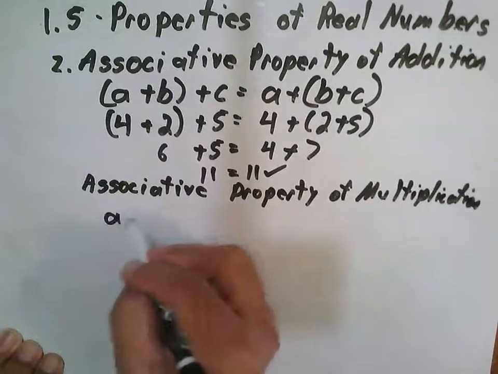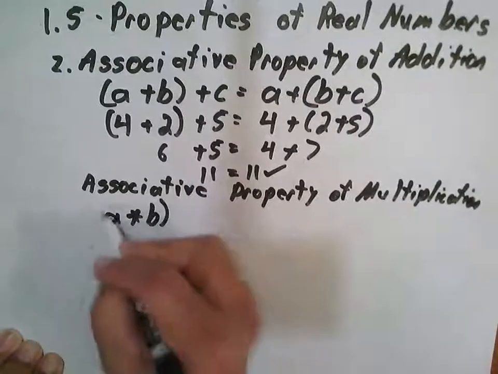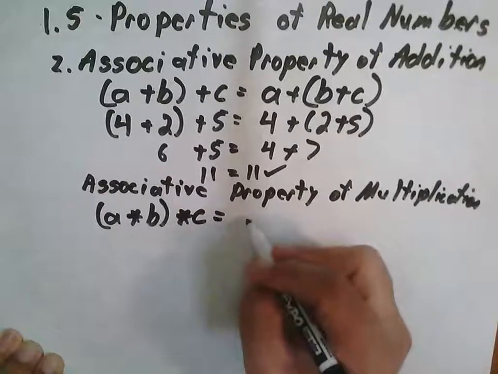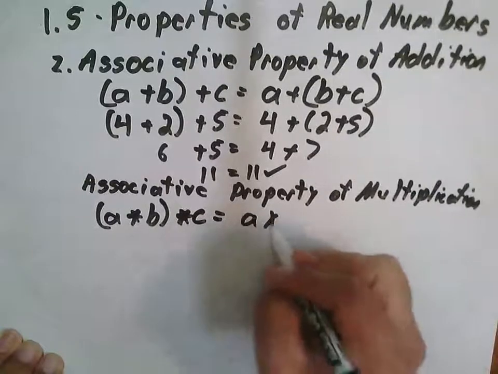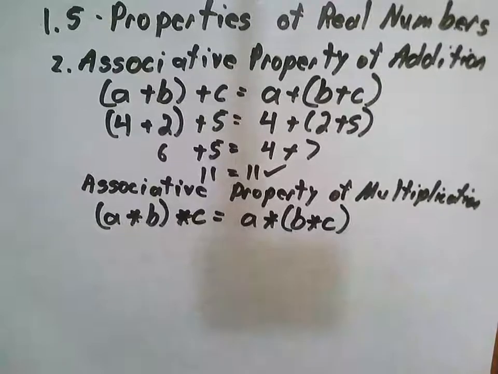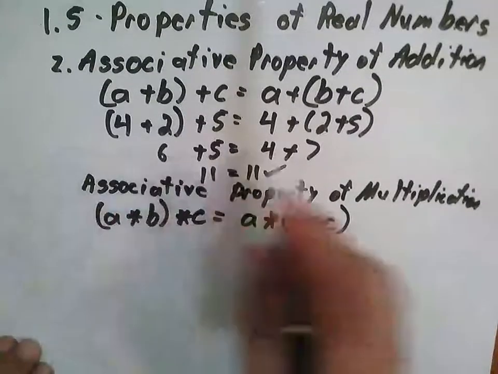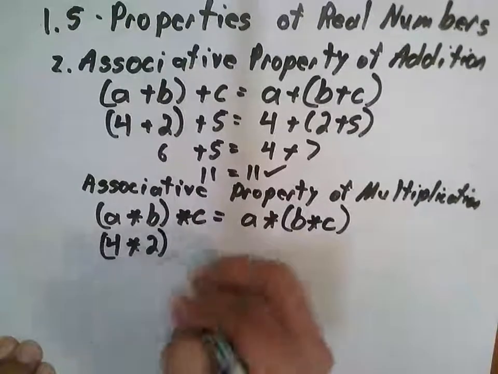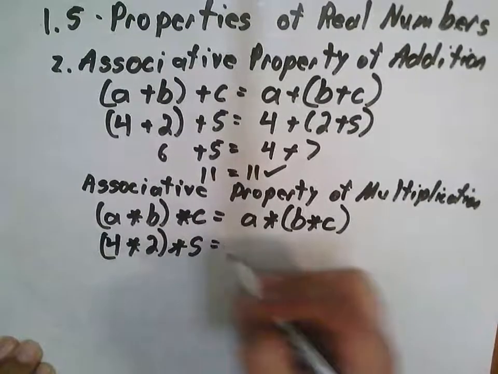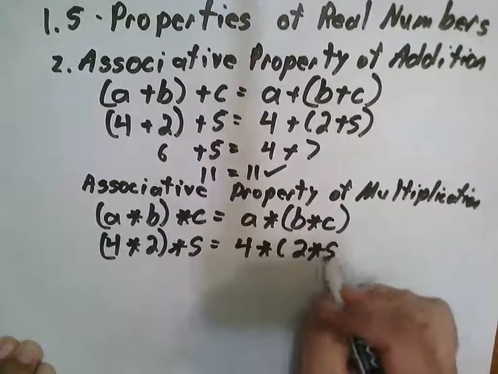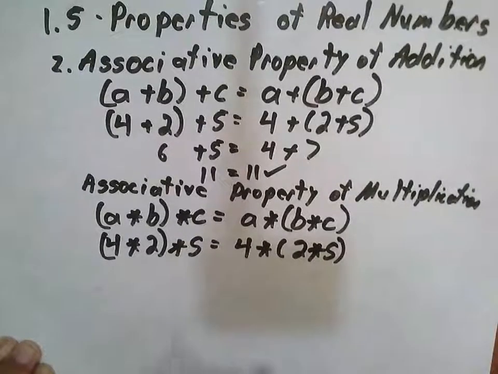It's telling you that (A times B) times C is the same thing as A times (B times C). Once again, we're going to use the same letters, our numbers, we're going to substitute them in. This is telling you that (4 times 2) times 5 is the same thing as 4 times (2 times 5), grouped together. So once again, let's just prove that.